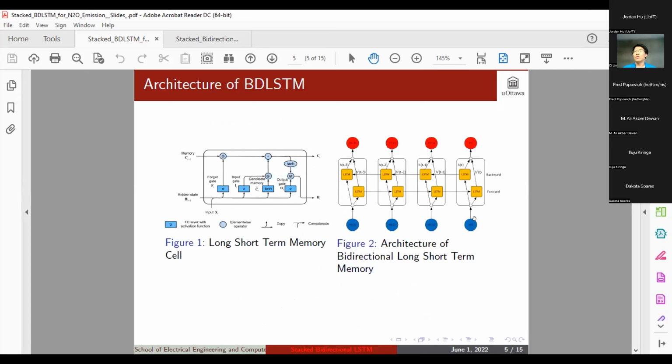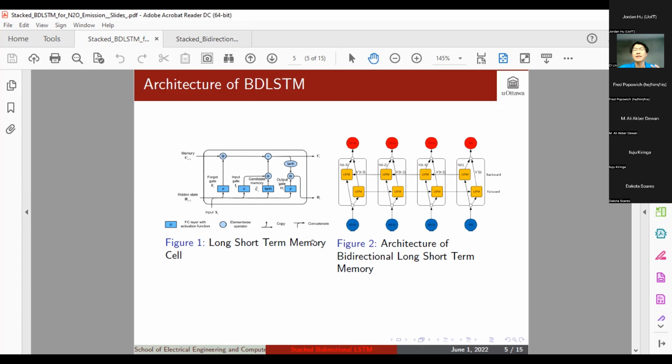And in this paper, we're choosing the long short-term memory as our neural network model to predict the emission of the nitrous oxide, because it can handle sequence data. And this is the architecture of the long short-term memory, and it has 3 gates: the forget gate, the input gate, and the output gate. And it has a consolidated memory here.